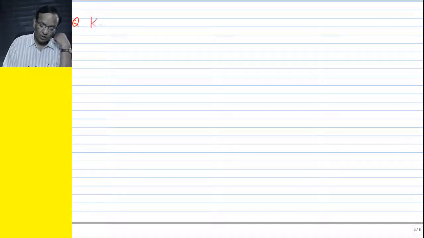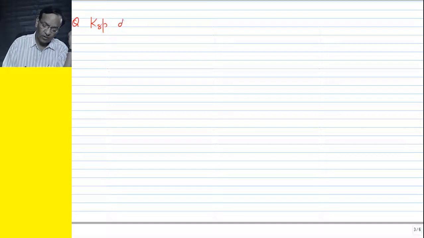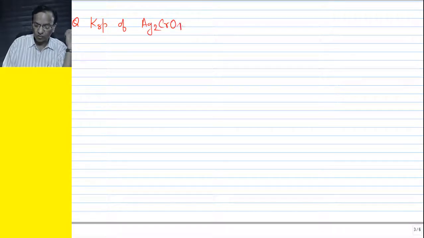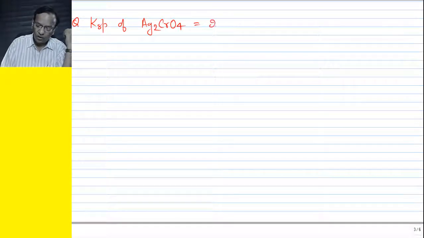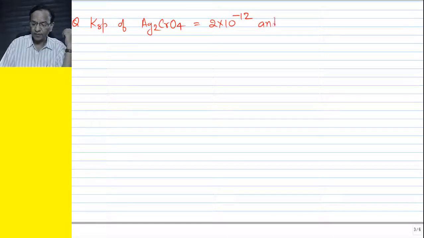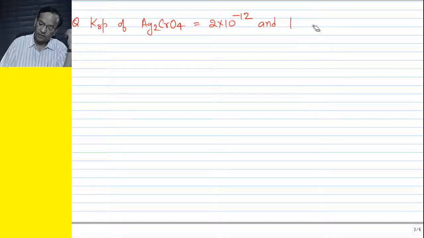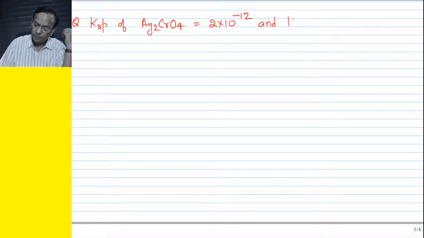Given the solubility product of Ag2CrO4, silver chromate, is 2 into 10 raised to the power minus 12, and Kf of Ag(NH3)2 plus is 10 raised to the power 8.